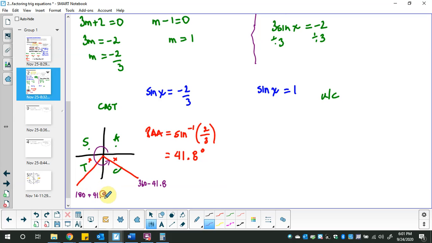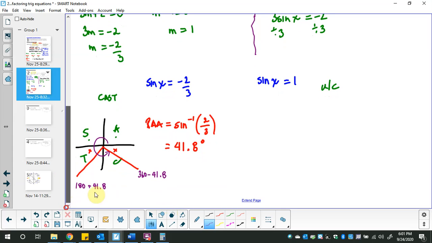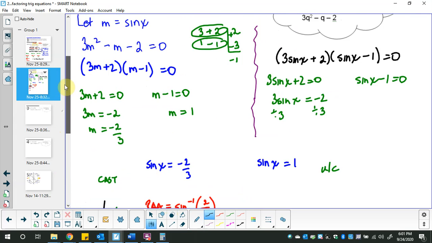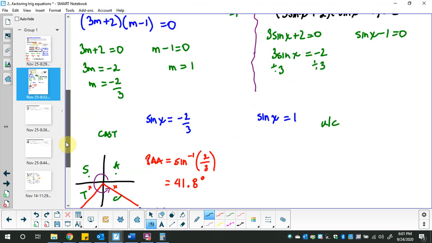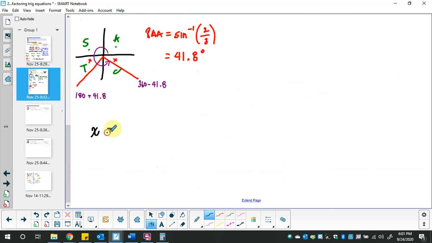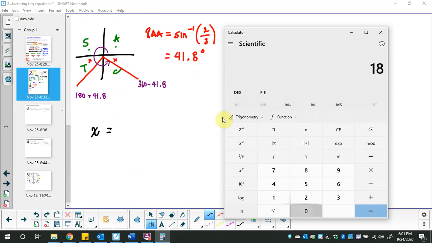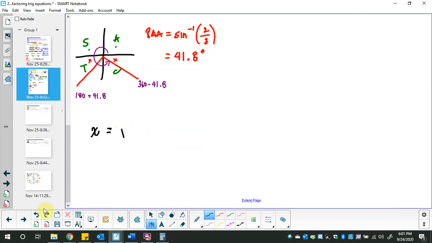I mean, that's just not good enough. We still have to figure it out, even if it's not good enough. So, x, is it x? It is x in this question. So x equals, so first one, 180 plus 41.8 equals, and I get 221.8. Don't know why this keeps happening.